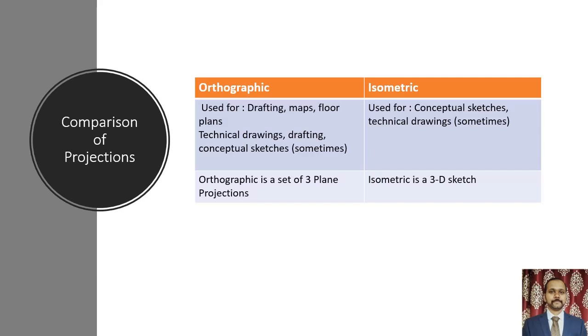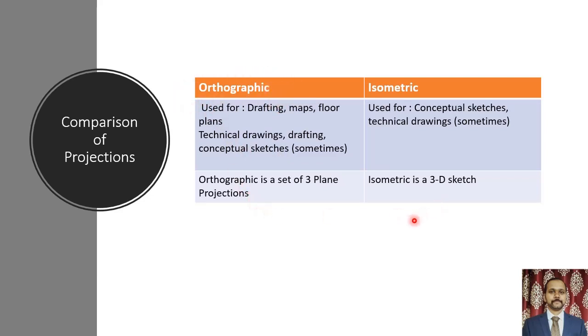This orthographic view is used for drafting maps, flooring plans, all this, whatever we are going to represent in 2D on paper by using various engineering drawing tools. Then we are going to produce the technical drawing, some drafting, some conceptual cases sometimes. That means we are going to use this orthographic view.